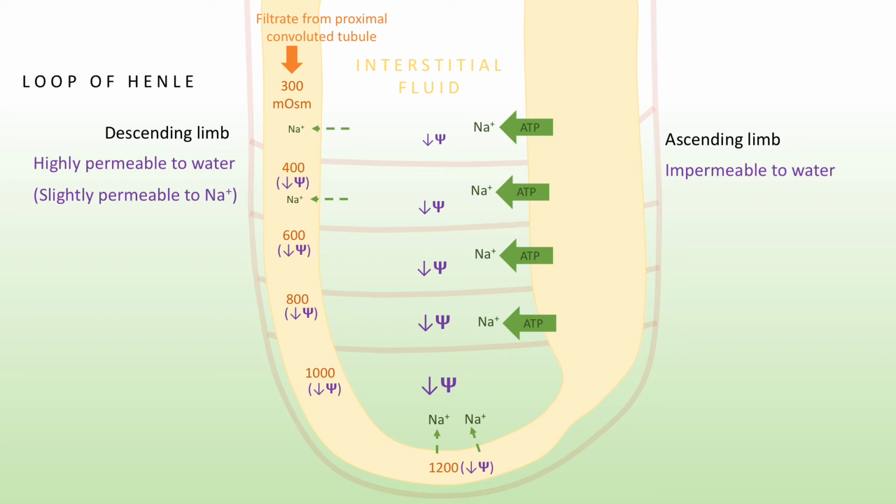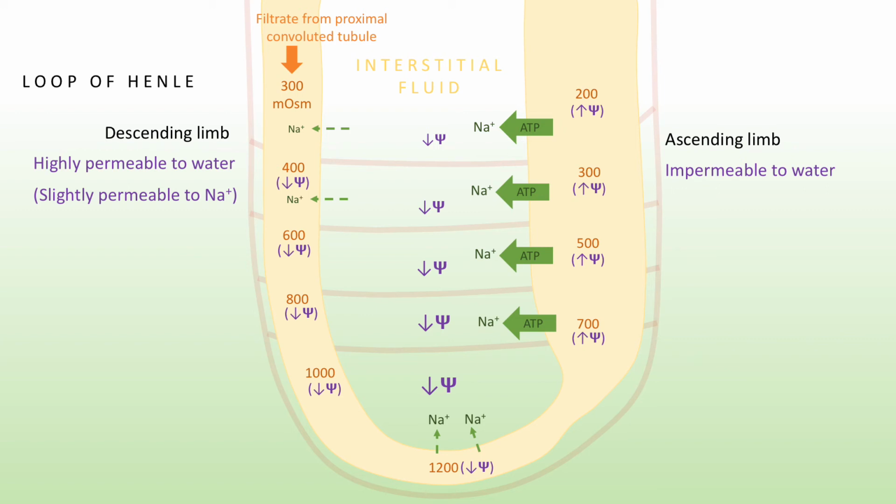And then as that filtrate moves back up the ascending limb, because sodium ions are gradually moved out by active transport of that ascending limb, but water can't move out, it's impermeable to water, remember, the osmolar concentration is reduced in the filtrate, but the water potential increases.